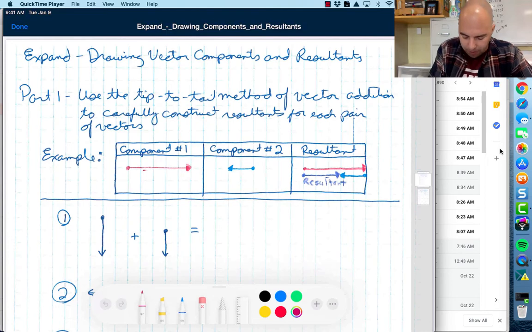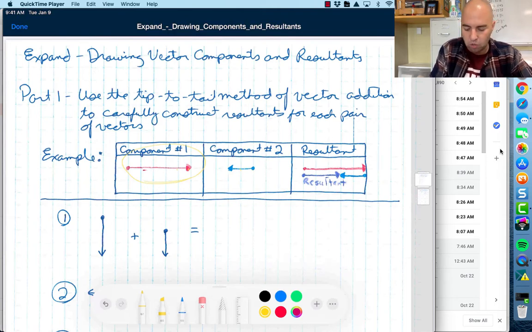So for example, if I go and look right here, if I take this vector right here, which is going 1, 2, 3, 4, 5 to the right, and I combine this one that's going 1, 2 to the left, I'm going to do that tip to tail.